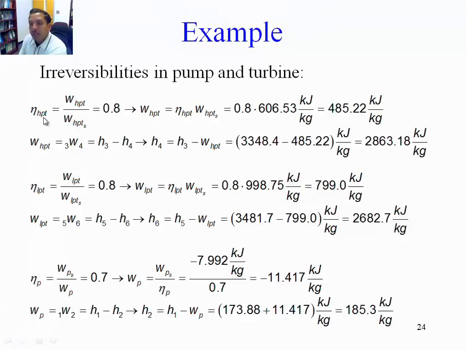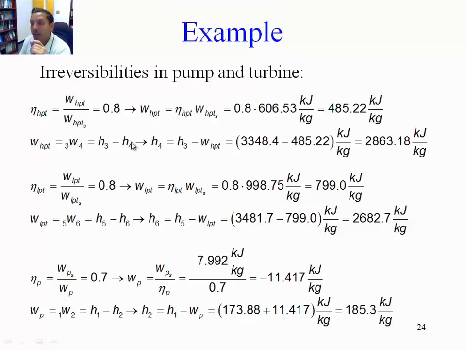Which means that if the efficiency of the high pressure turbine is 0.8, meaning 80%, the real work produced by the high pressure turbine will be 80% of what we found the ideal one to be, or 485.22. That also means that at the outlet of the high pressure turbine, the entropy will no longer be the isentropic entropy, because the entropies will not be the same from inlet to outlet.